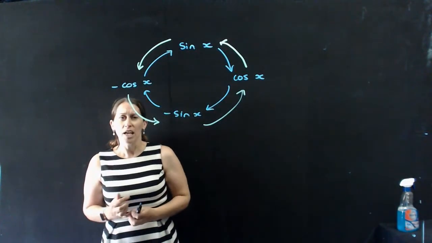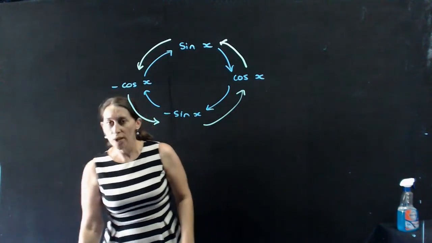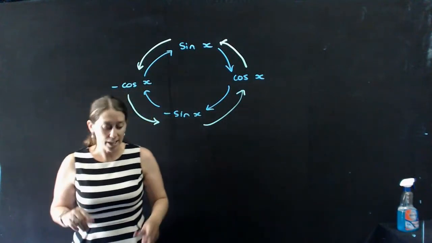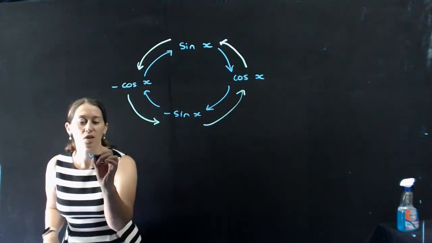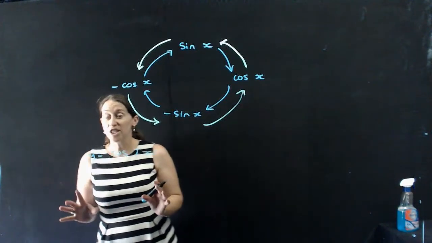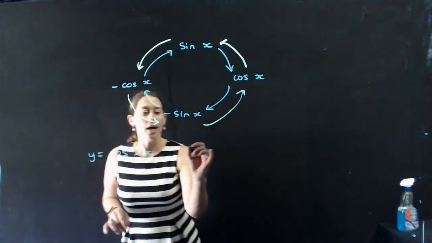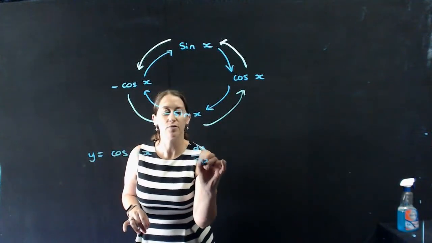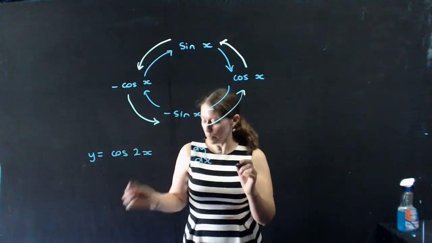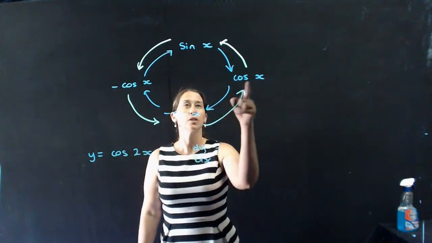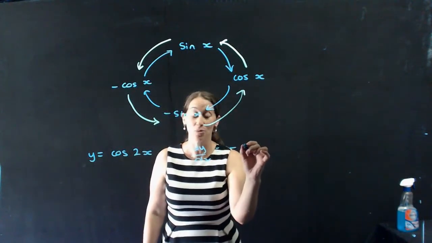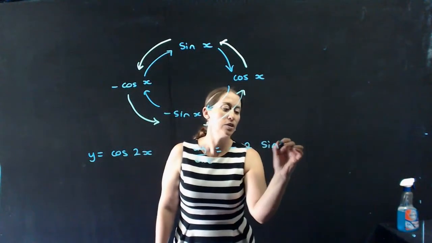All right, so let's also recall what happened when we differentiated functions where there was perhaps a value of a in front of it. I'm just going to use an example, y equals cos 2x. Now, when we differentiated this, we used the chain rule. The derivative of cos, when we differentiate it, goes to minus sine, so we get minus 2 sine 2x.